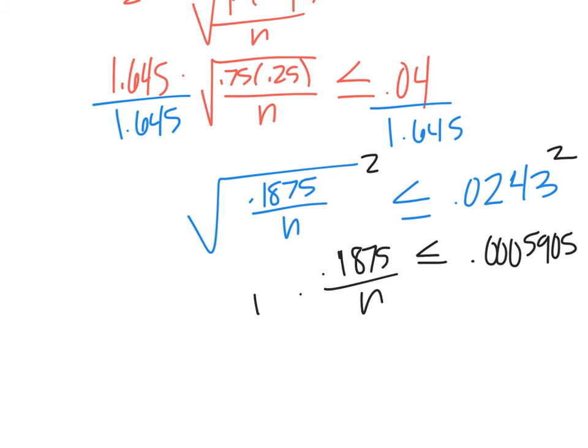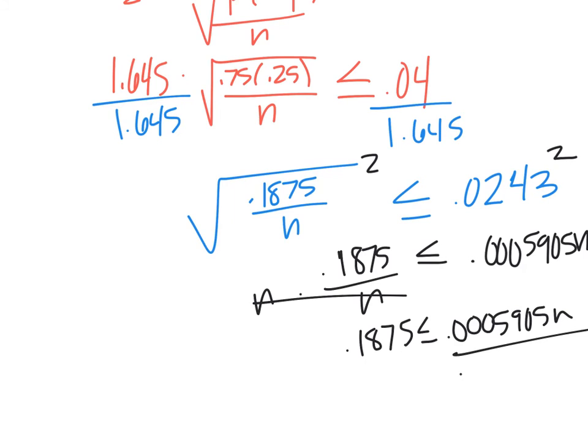I need to multiply both sides by n. And then when I do that, I'm going to actually have to divide that little tiny decimal to both sides to get the n alone.